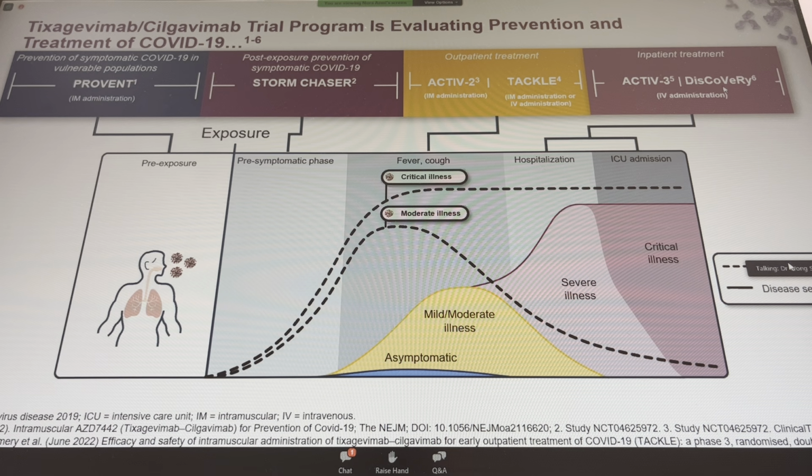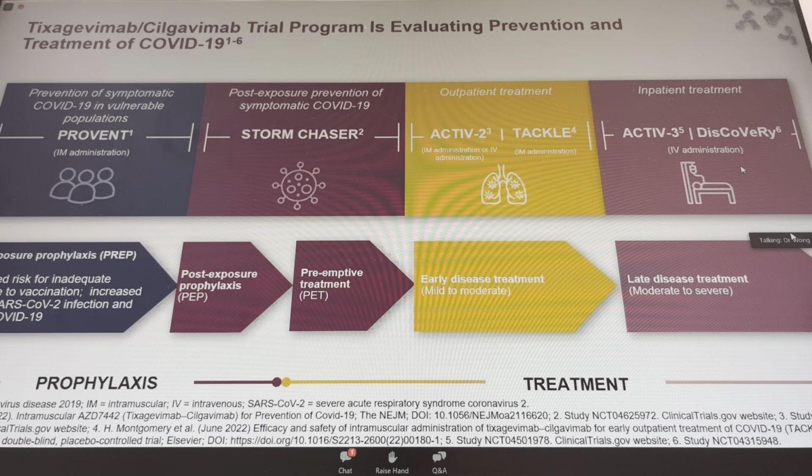Okay, so just to tell you that with Evusheld, they have been looking at the use of these monoclonal antibody combinations, both in prevention, in post-exposure prophylaxis, and also where there's established infection, where you give it both as an outpatient and as an inpatient. I'll be talking primarily on two parts of their trial program.